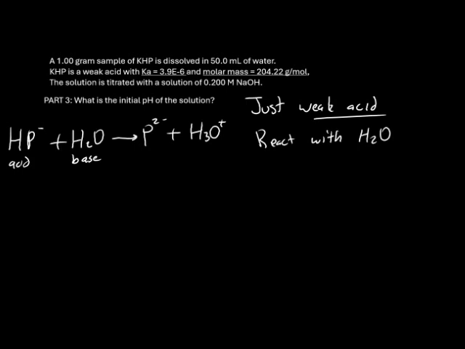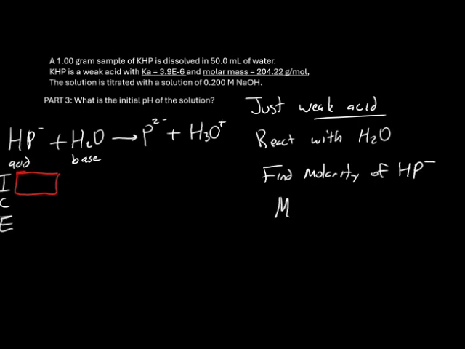We'll need to construct a reaction table to figure out what our new H3O⁺ is. However, to get this table started, we're going to have to find the molarity of the initial HP⁻. The molarity of HP⁻ is our moles divided by our liters. The moles of HP⁻ we found in step 2 of our previous problem.